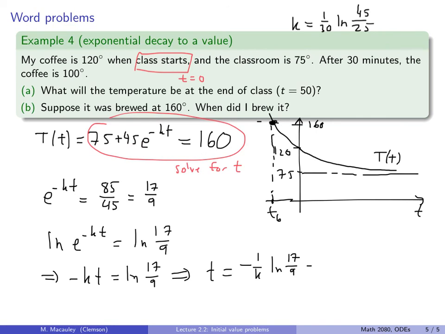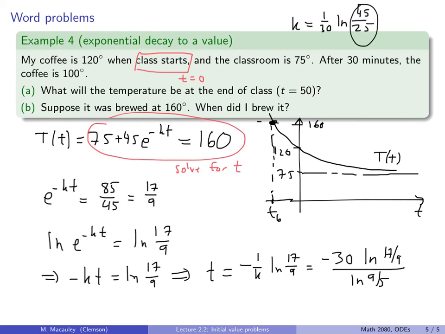And if you prefer, you don't have to, but if you want to, you can put this k back in here. And if you do that, dividing by that k, what does that give us? Divide by 1/30th, that gives us negative 30 natural log of 17 over 9, over natural log of 9/5, because, yeah, that is 9/5.